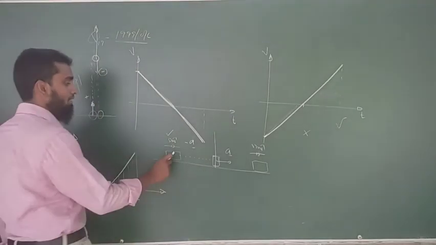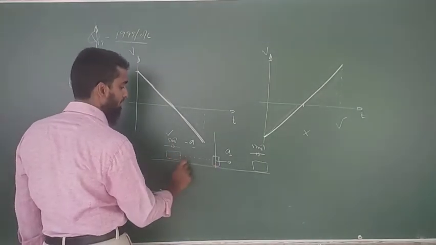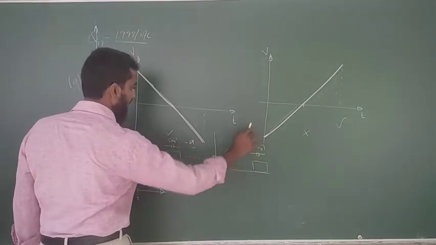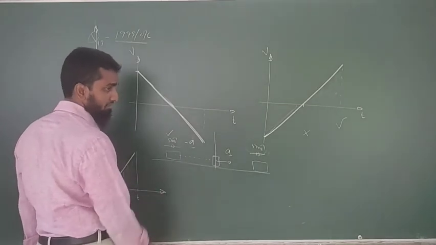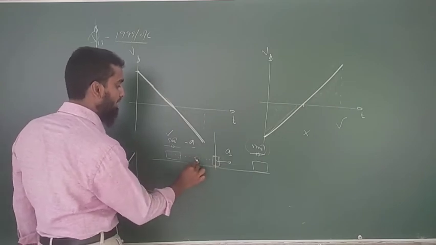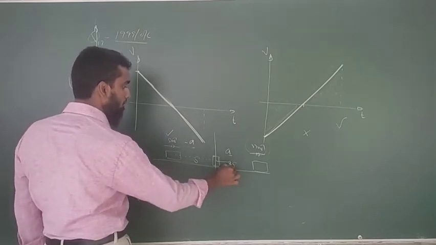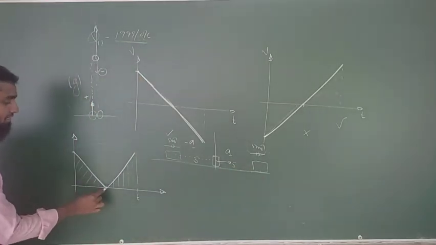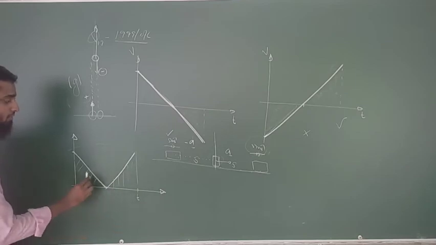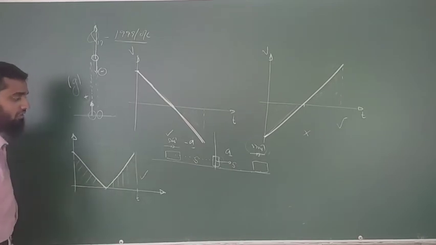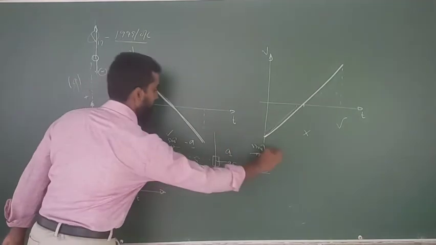In this occasion, velocity has been reduced to 0. After that the velocity has been increased up to 5 m s^-1 in the same direction. Because of the same direction motion, the displacement is not reduced continuously, it's increasing with time. Therefore, after reaching 0, if the displacement is increasing, then you have to draw the graph on the same side. Therefore, this is the correct graph for a type of motion like this.